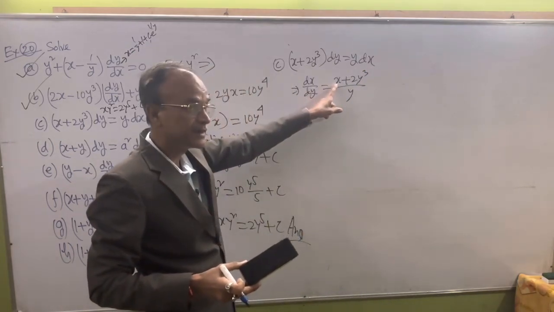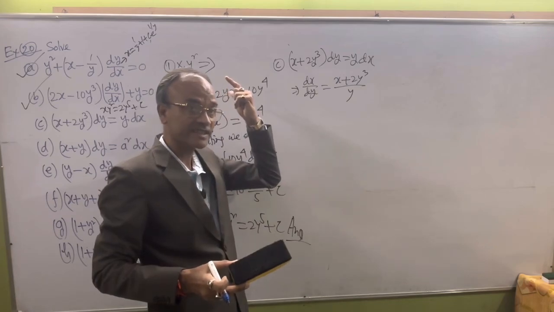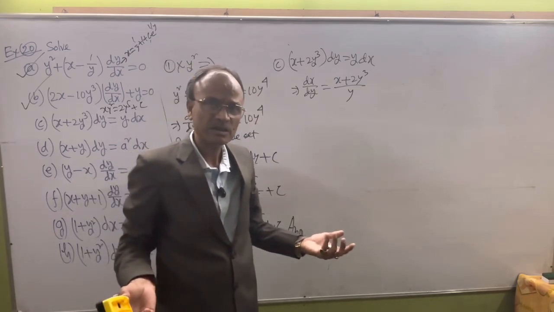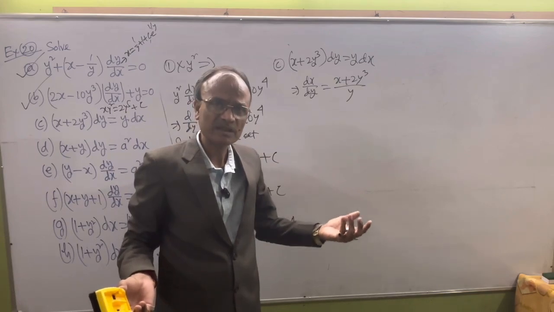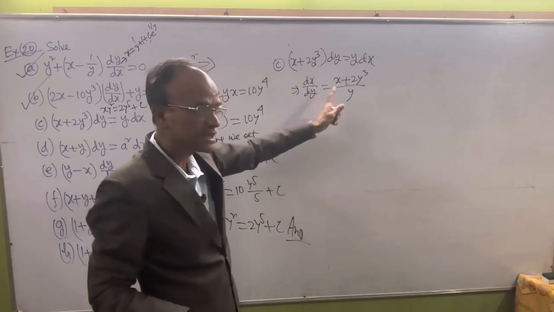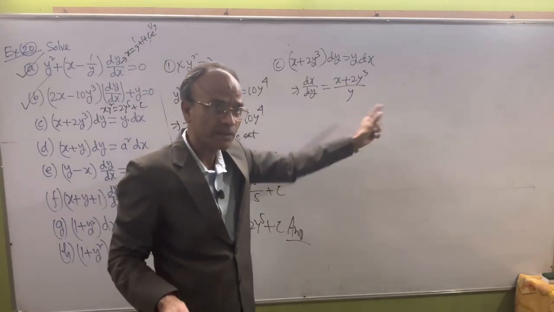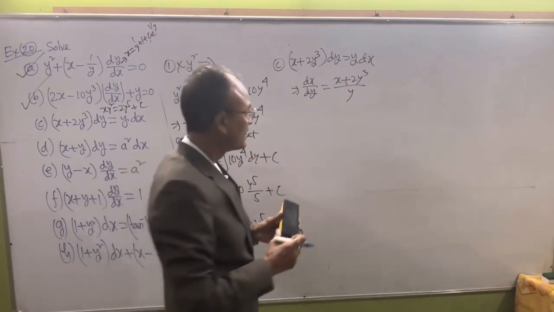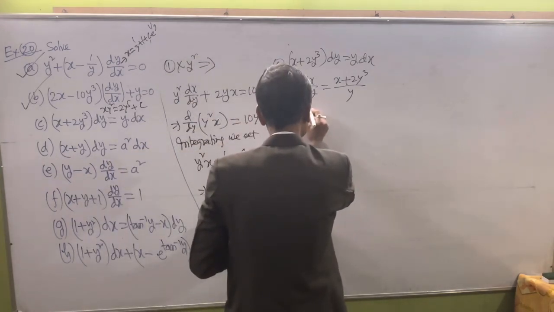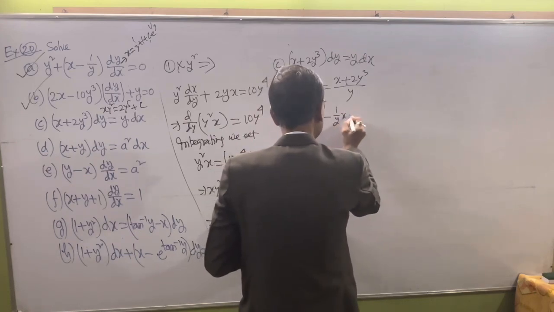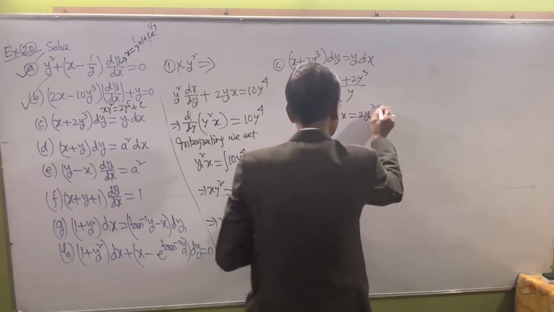Taking x to the left hand side, it will become a linear differential equation, dx by dy plus px equal to q, where p and q are functions of y alone in this case. This means dx by dy minus 1 by y x equal to twice y square.